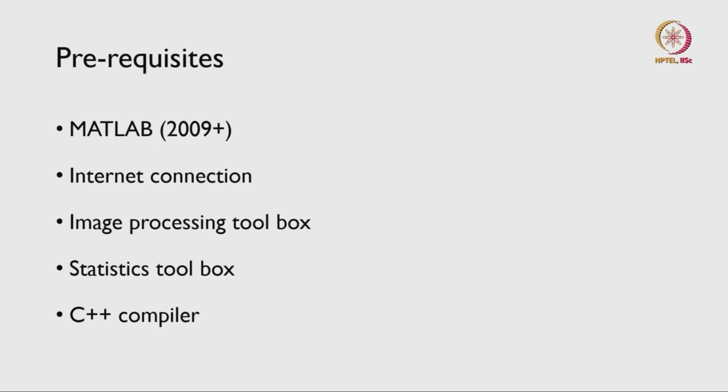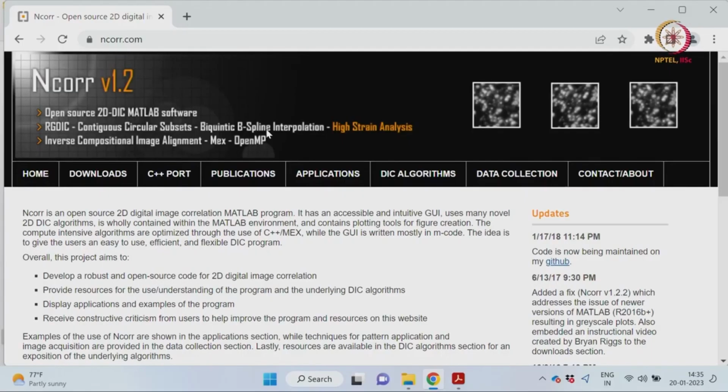In MATLAB we need two toolboxes: first the image processing toolbox, and second the statistics toolbox. And in MATLAB we need to have a C++ compiler coupled. I will briefly show you how to do this whole process by yourself. So, okay, let us get started. Here is the website, which is ncorr.com.